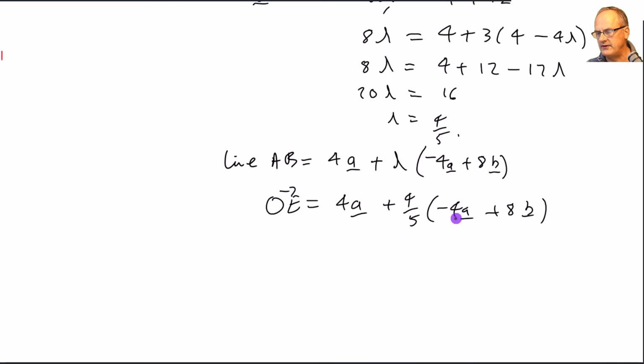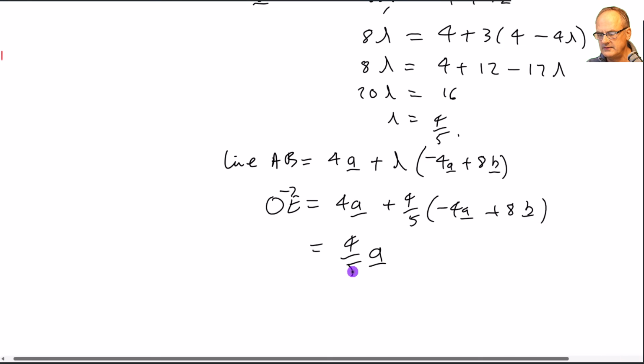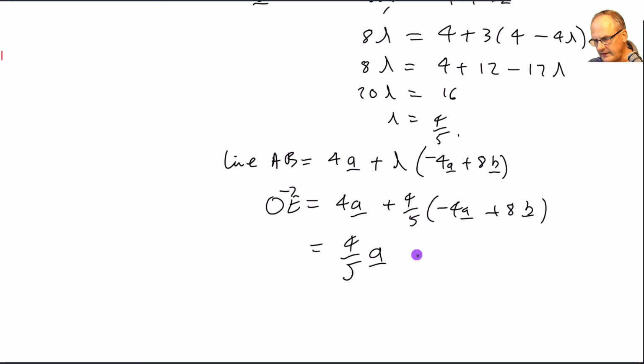So 20 over 5 minus 16 over 5 gives me 4/5 of A. And we can just do 4/5 of 8, so 4 times 8 is 32 over 5, which is equal to 6 2/5 of B.